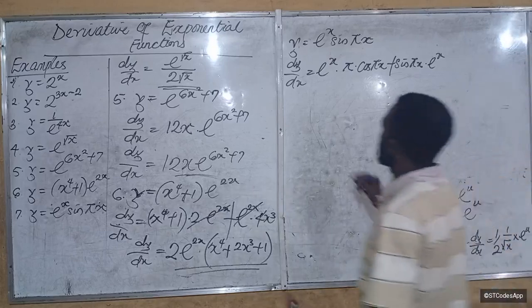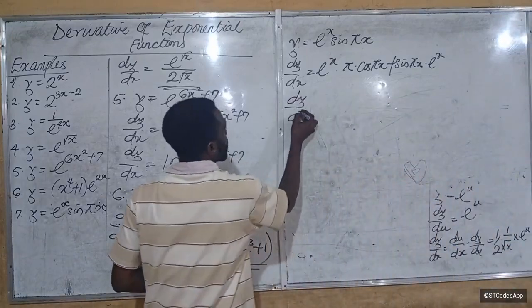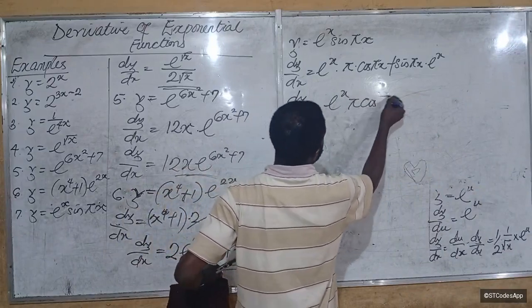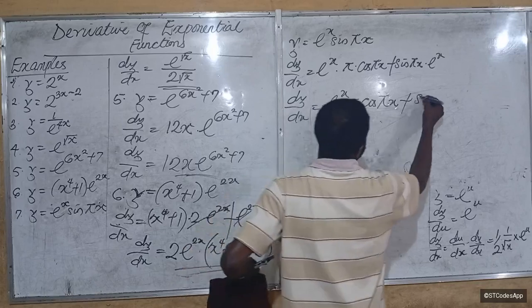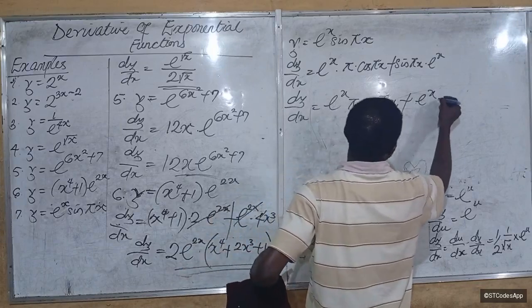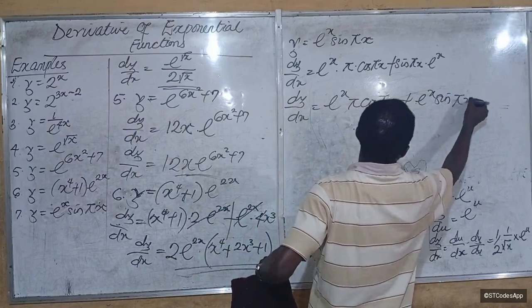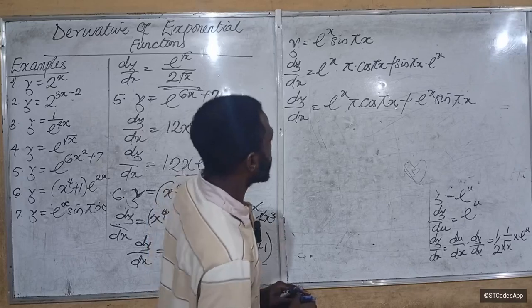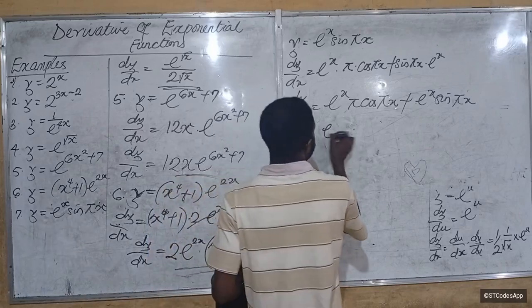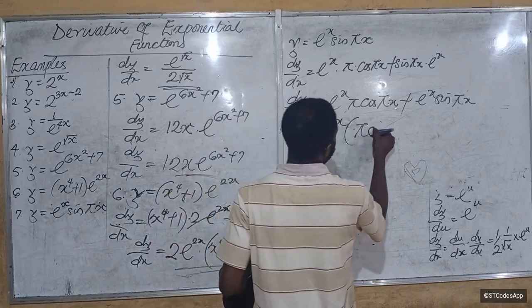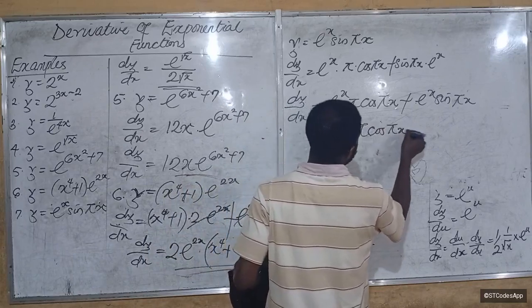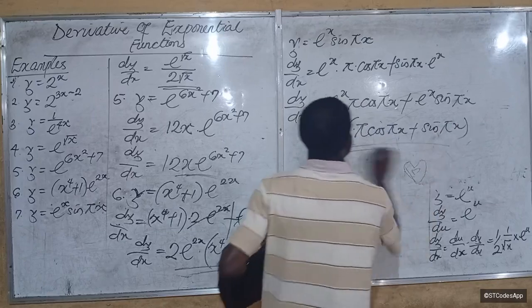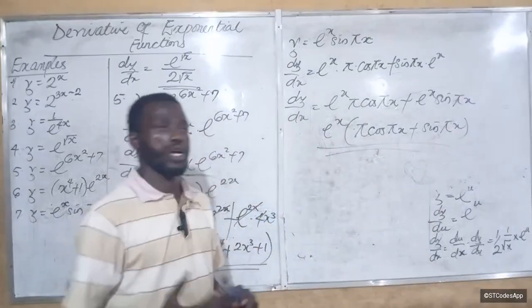Okay, so from here, dy/dx will now be equal to e to the x, pi cos pi x, plus e to the x dot sine pi x. Okay, is there anything you can do? e to the x is common, so we can say e to the x into a bracket, pi cos pi x plus sine pi x. So this will be the answer for dy/dx.